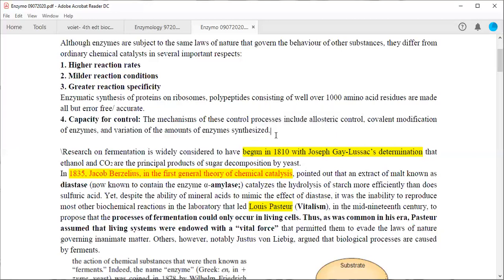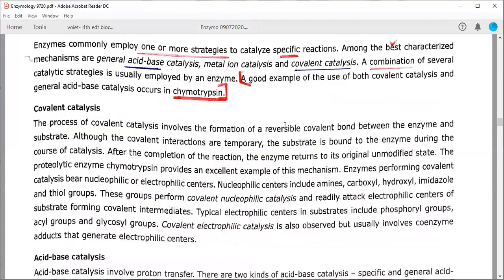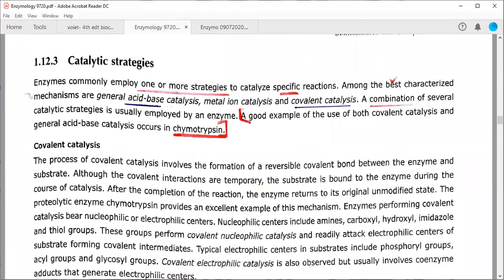You also know that in certain pathways, their synthesis can also be controlled in response to the rate limiting step, which is generally the first step in a biochemical pathway. So suppose here we have an example.